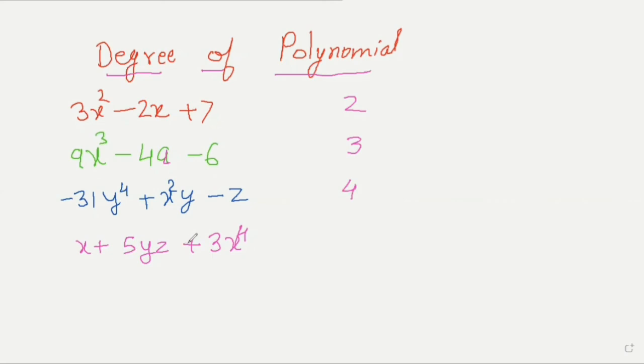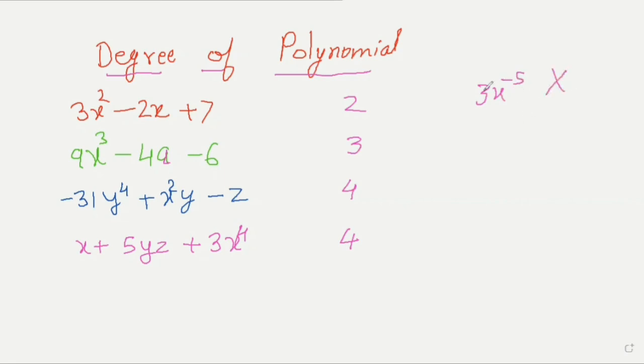Now if I write here, look at this, x is raised to 1, y is also raised to 1, z is also raised to 1. So what would be the degree of the polynomial? Yes, since the highest power of x is 4, we say that the degree of the polynomial is 4 here. Now, what are polynomials? Can I call 3x raised to minus 5 a polynomial?